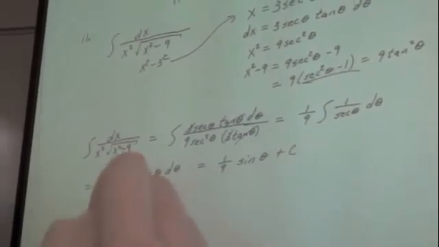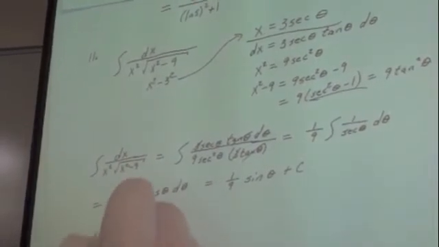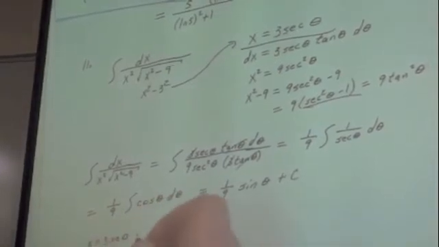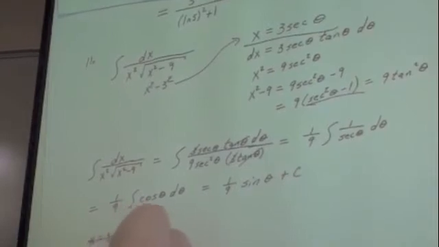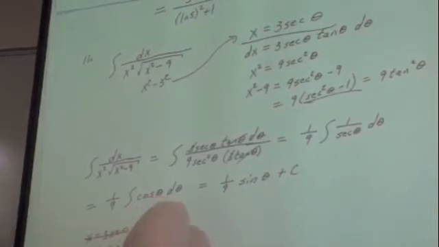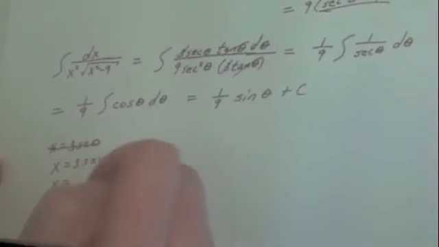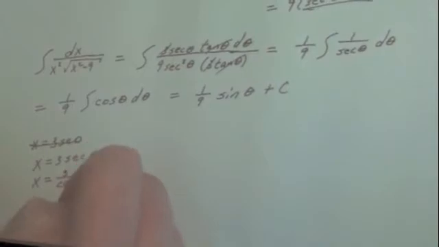So here's where we use the substitution, x is equal to 3 secant theta. So I know that means x is equal to 3 times 1 over cosine, 3 over the cosine of theta.